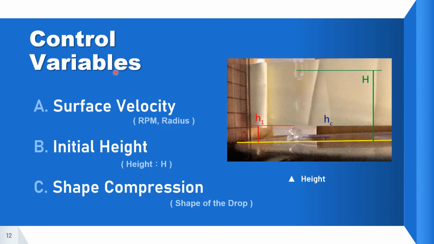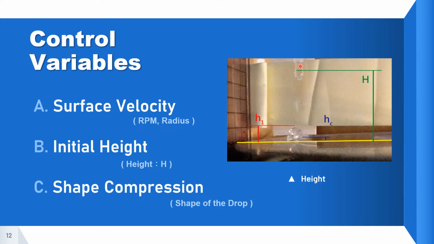These are the control variables. We had three parts. First one, A, surface velocity. We change the RPM and radius to create different surface velocity. B is initial height. We drop the water from different heights initially. This is the initial height.